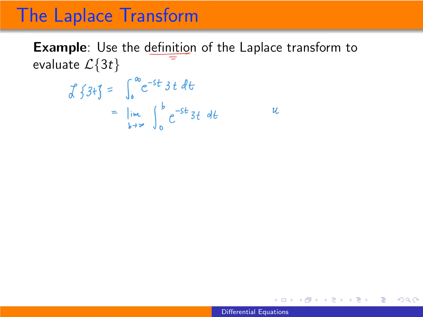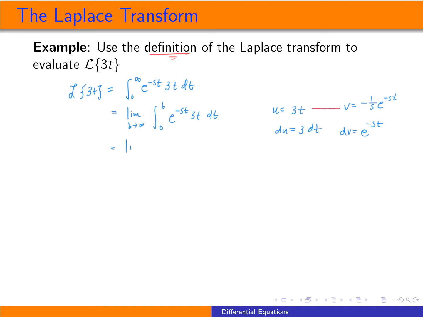As we've seen with many of these examples, we will let u be 3t and dv be equal to e to the minus st. Then du is 3 dt and v is minus 1 over s e to the minus st. Integration by parts tells us we multiply together uv.